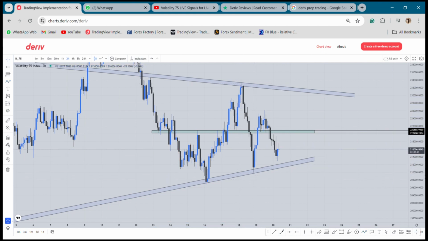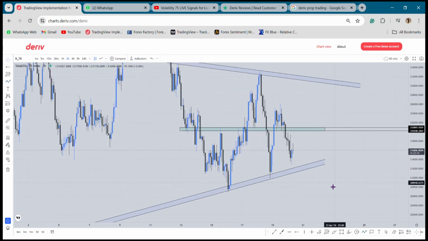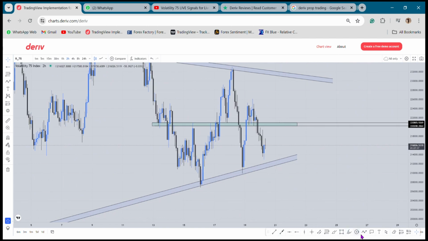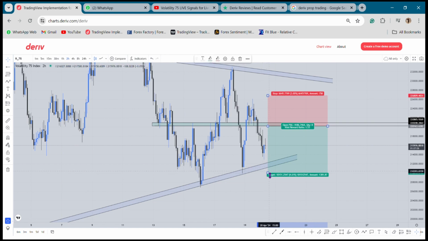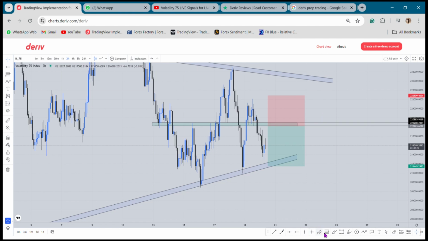Okay, so when I use my H2 just to make entries, or to see clearly where I'm expecting to take entries, somewhere around here, if the market comes back to this level before touching this low zone, before hitting here, these sells are still valid because it is an untested resistance.